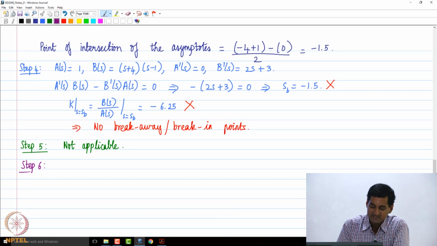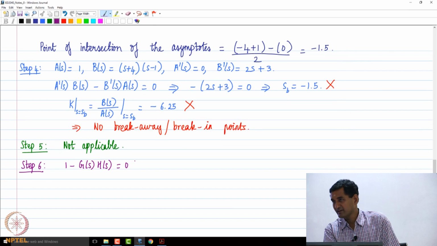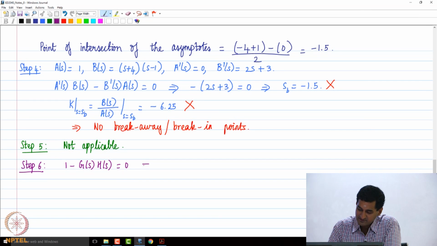So step 6, we need to figure out the crossover points, right. So what is the closed loop characteristic equation? It is going to be 1 minus G of s H of s equals 0. Please remember we are talking about positive feedback, so it obviously becomes 1 minus G of s H of s equals 0.